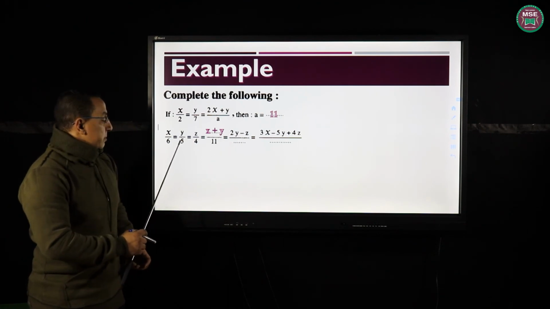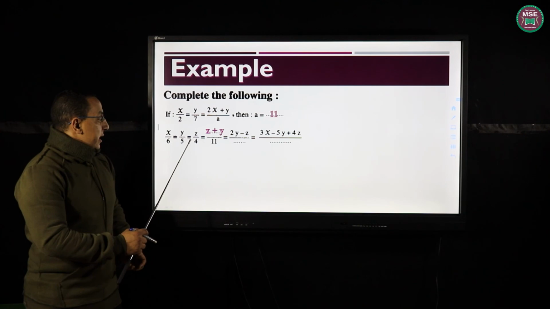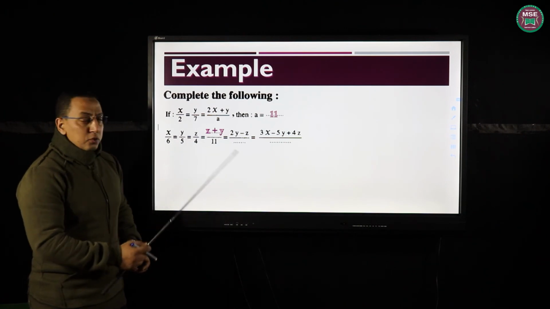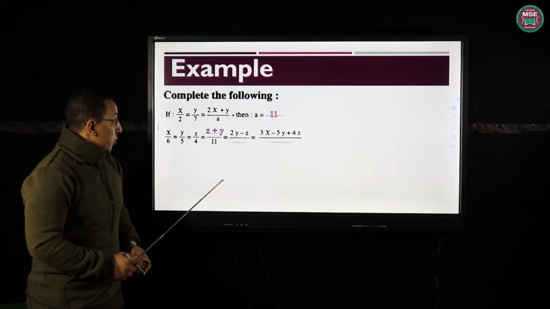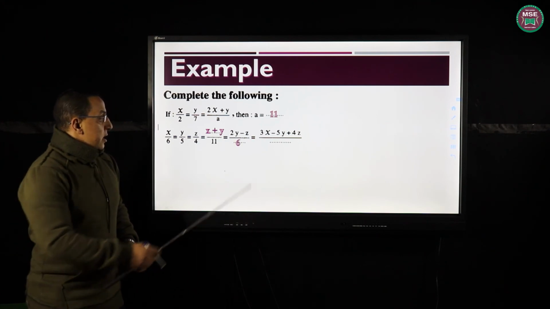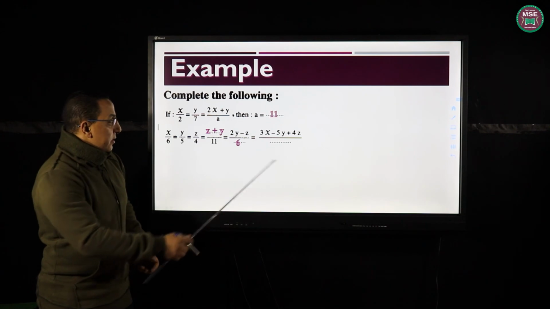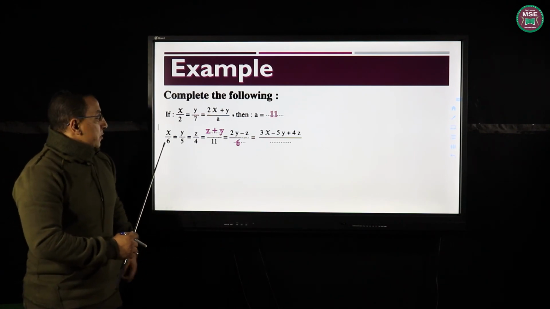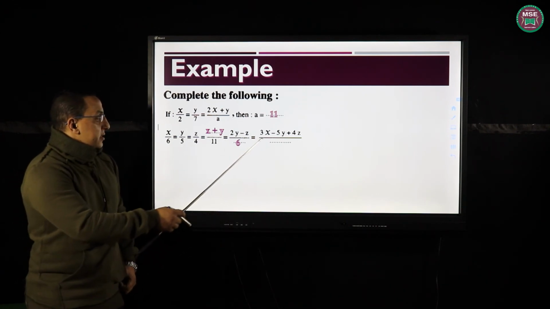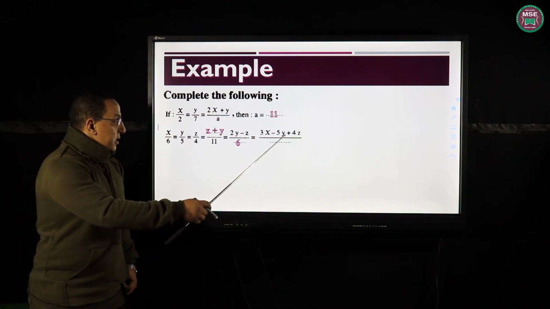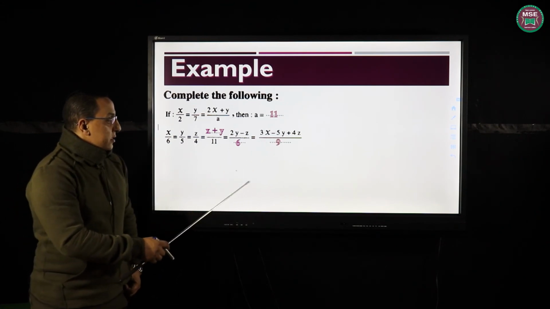So I'm going to make 2 times 5 minus 4. It equals 2 times 5 equals 10, minus 4 equals 6. Finally, 3x minus 5y plus 4z. So it will be 3 times 6 minus 5 times 5 plus 4 times 4, which equals 9.